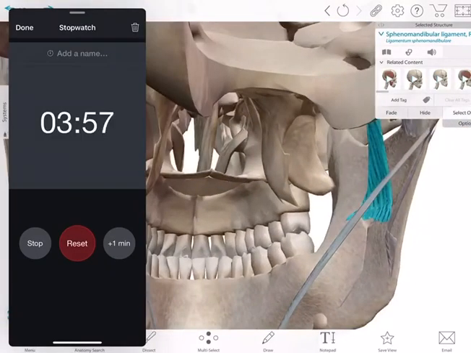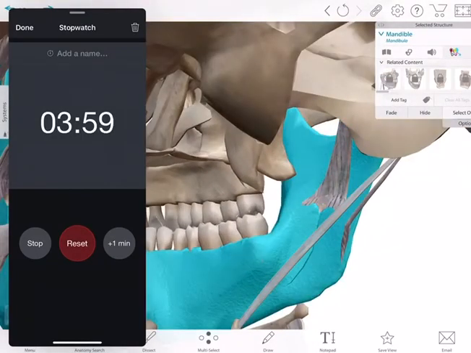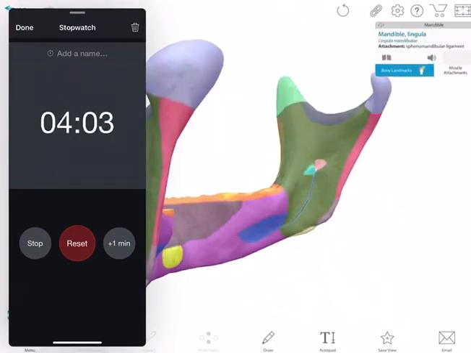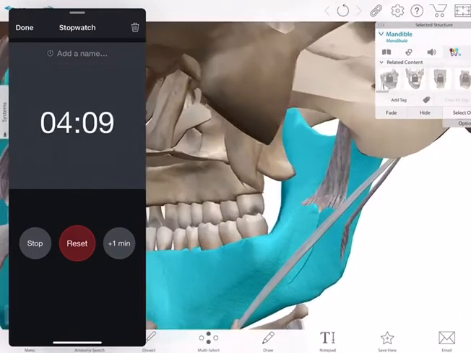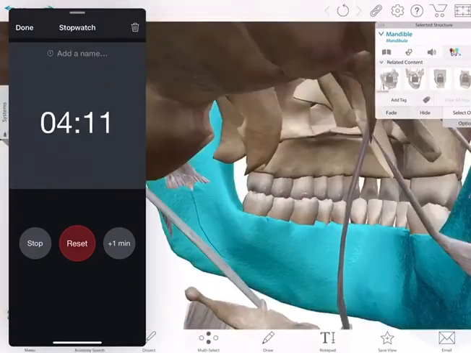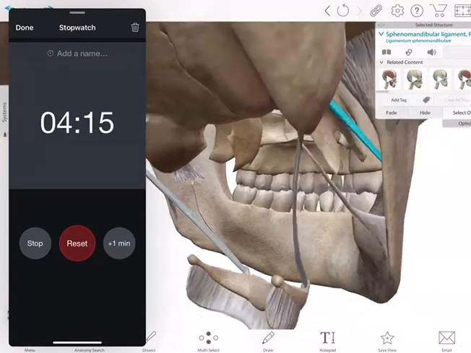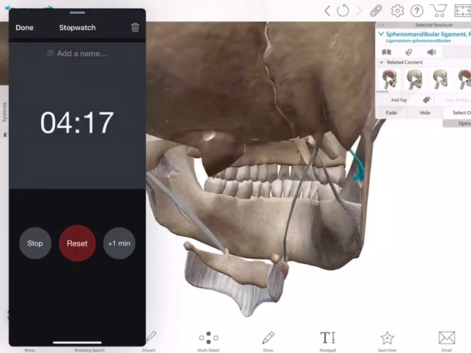We have a structure on the medial side called the lingula. We can see it here. This is the lingula. The sphenomandibular ligament is inserted in this lingula and originates from the spine of the sphenoid bone. As we can see, it's located medial to the joint.